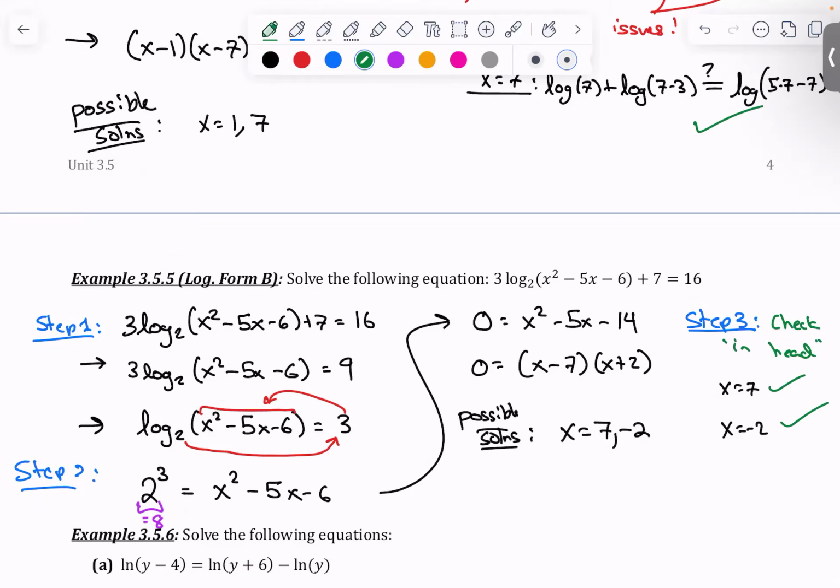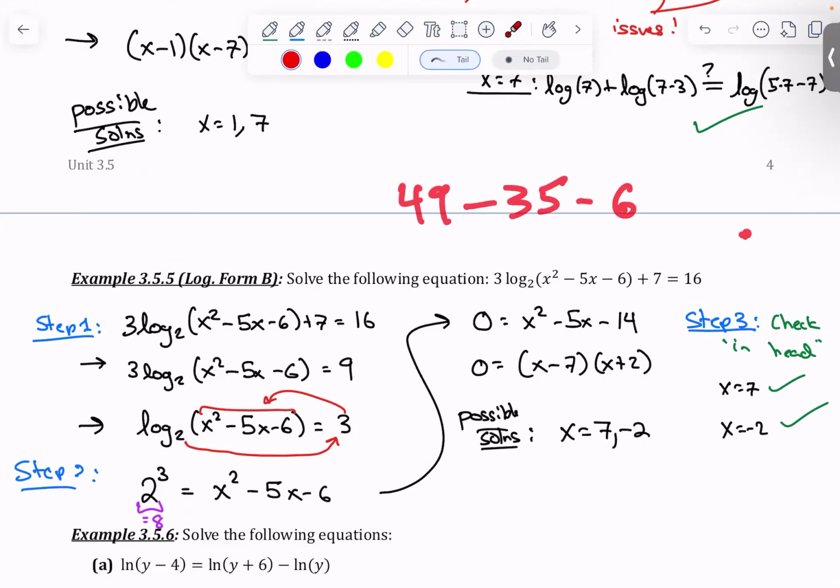Just to see it, if I plug in 7, I'm going to get 49 minus 35 minus 6, because it's 7 squared minus 5 times 7, which is 35, minus 6. And the inside of the logarithm will equal, that's 8, right?